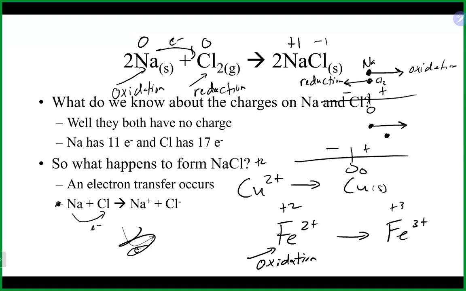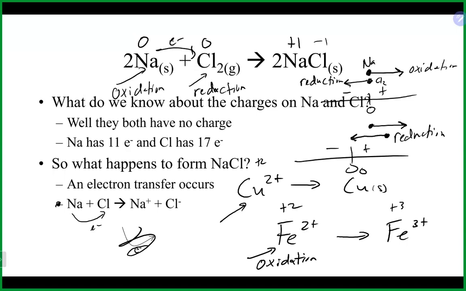And it's ending on the right-hand side at 0, which means it is actually going in that direction, right? It's becoming more negative. So it's actually going through reduction in this case. So this guy is going through reduction. It's gaining a couple of electrons. That's why it has no charge on the other side. When it gains 2 electrons, -2 and +2 give you 0, right? So it gains electrons, becomes reduced in this case.